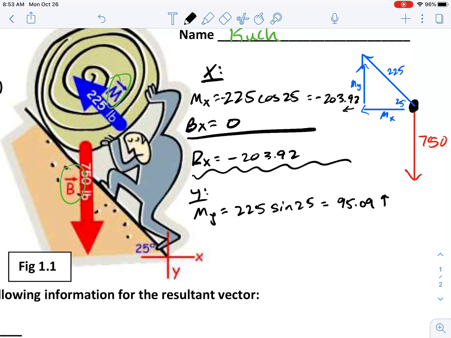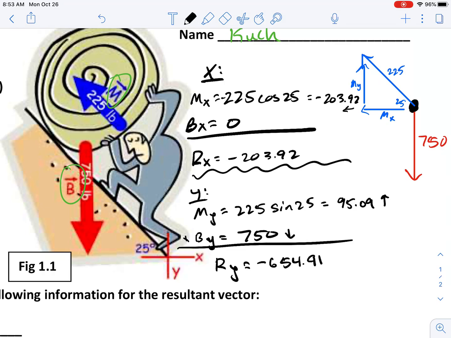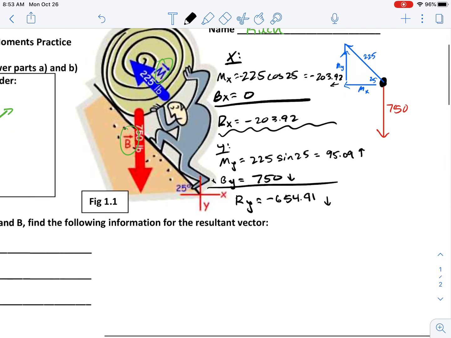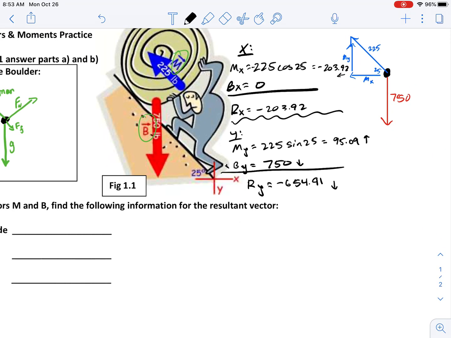And then by, the boulder, is of course just 750, and that's going down. And so if we add those together, the resultant y value is going to be negative 654.91. And that, of course, means it's going down. So there's our information that we need.